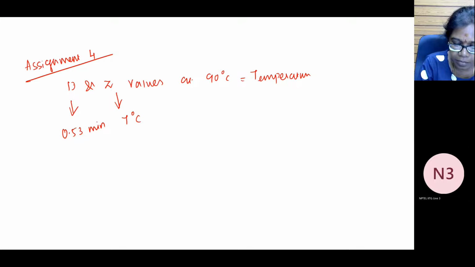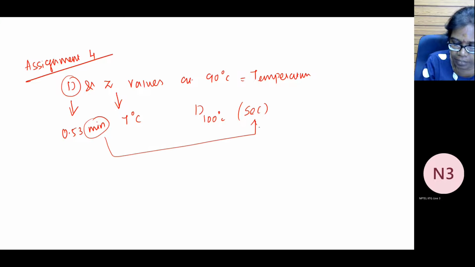As I said in the lecture, your unit is very much important, right? D is given in time unit, which is minute, and Z is given in temperature unit, which is degree centigrade. Then you were asked to find what should be the D value at 100 degree centigrade, but you were asked to calculate that in seconds, right?